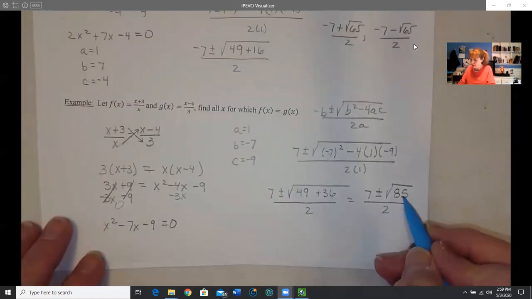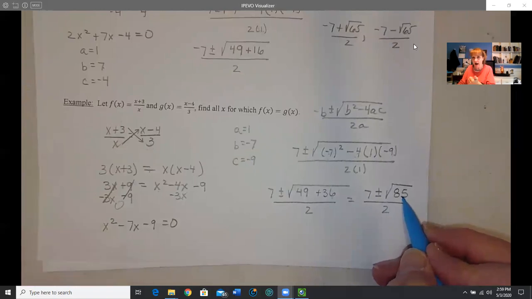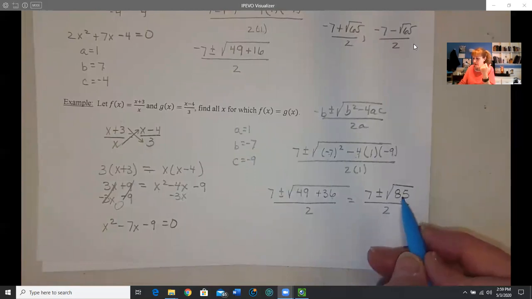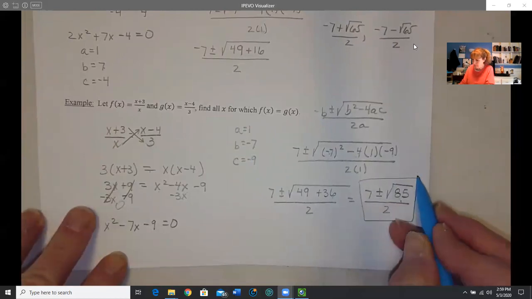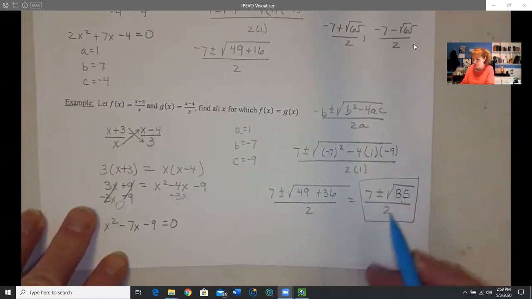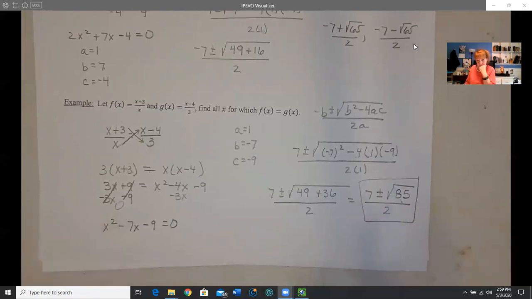So this is 5 times 17. You've got one of each, so it cannot be reduced. So therefore, that is your answer, because you can't reduce any of the numbers in front here.